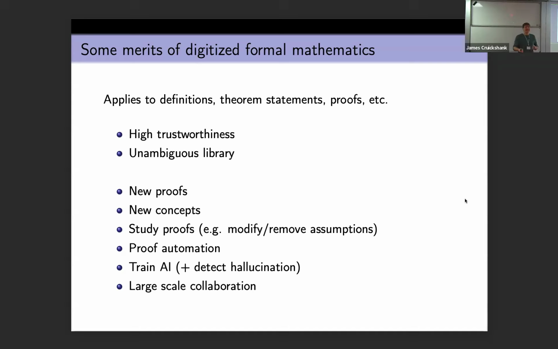Ideally, if you ask some generative AI to produce some mathematics for you, it's trained so well with respect to some formalization language like Lean that it can also output the mathematics in Lean. That would be very worthwhile, because then you can, for example, detect hallucination very easily. If I ask generative AI a mathematical question in my field of expertise, I can very quickly check if it's nonsense or not.